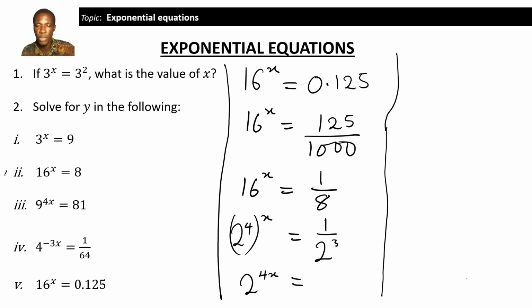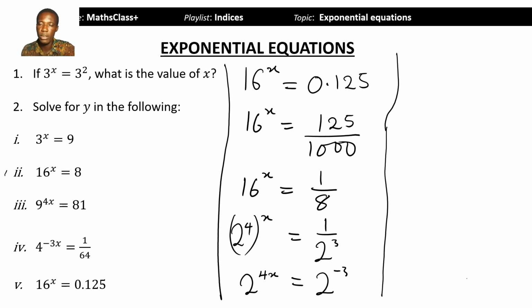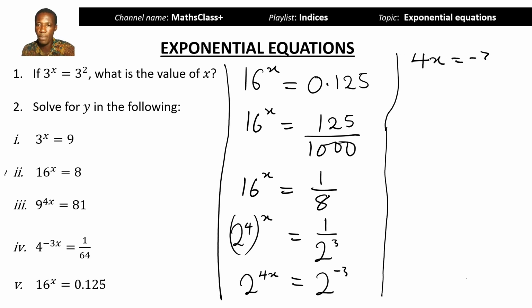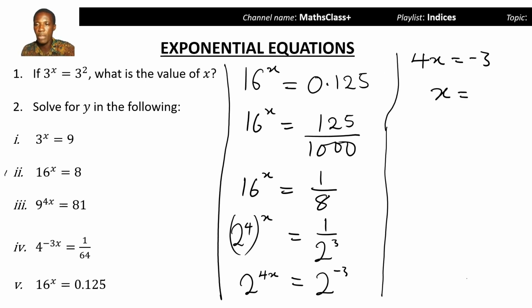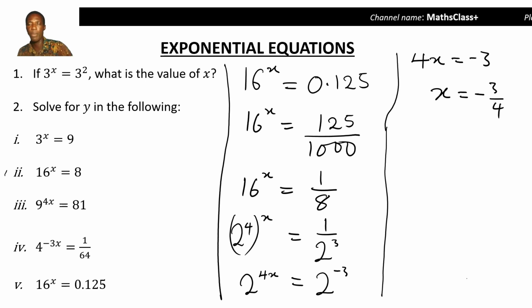And then this one will become 2 to the power negative 3. So if the bases are the same as usual, we equate the exponent. So 4x is equal to negative 3. And then to get the value of x, I divide through by 4. That gives me negative 3 over 4 as the answer. I hope it's understandable.